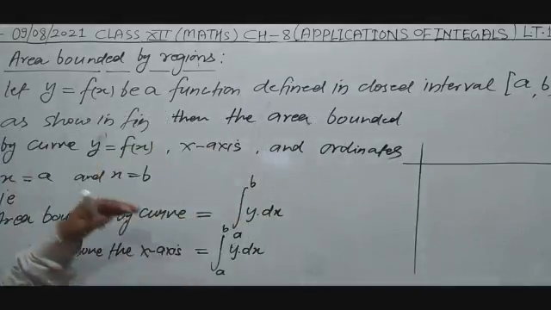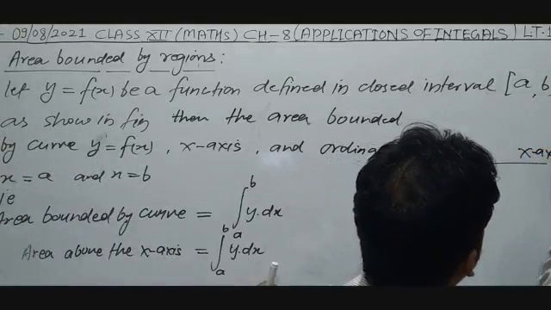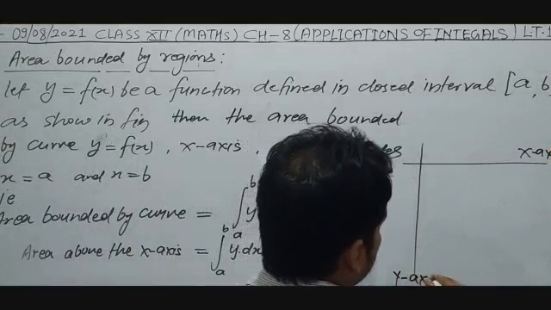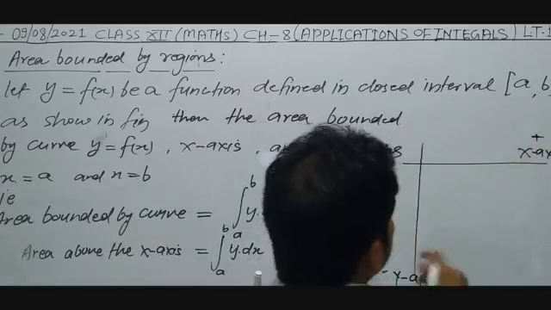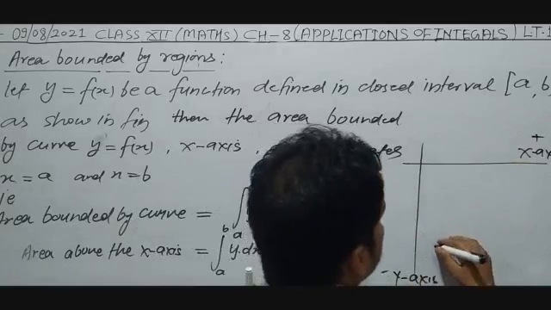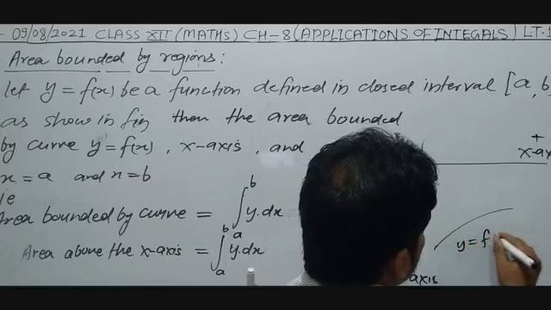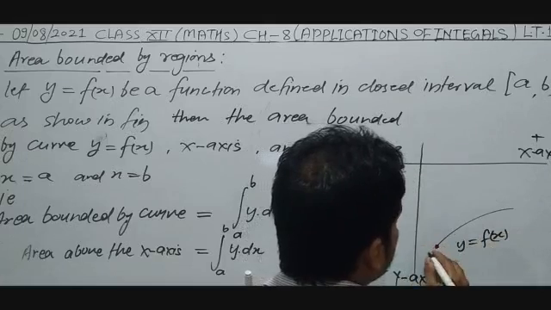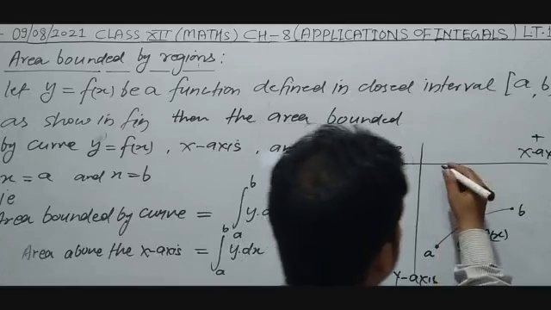This is the x axis and this is the y axis, and a negative y axis. This is positive and this is negative, and this is the curve. Suppose this is y is equal to f(x), and this is also defined from a to b in a closed interval.